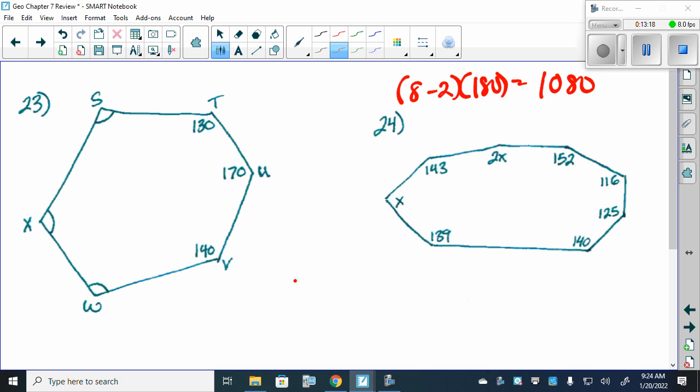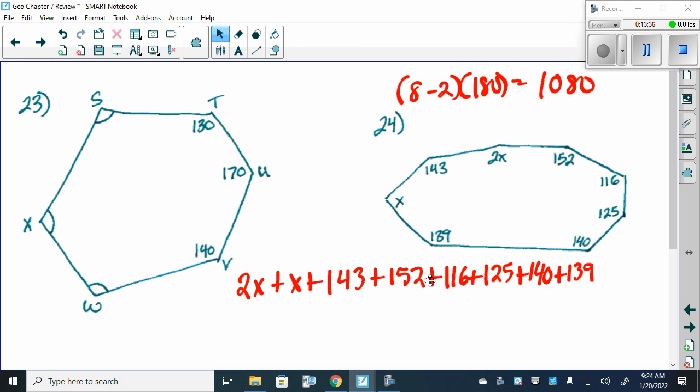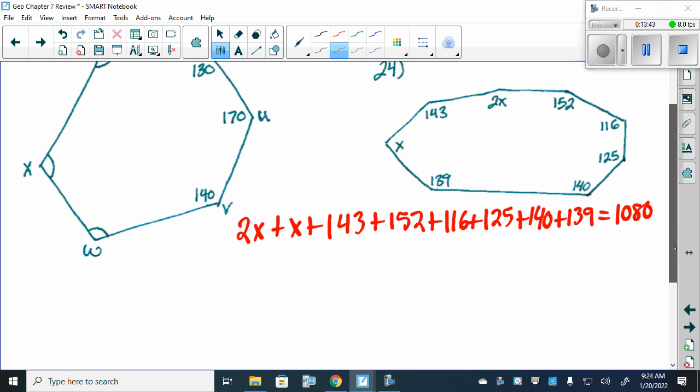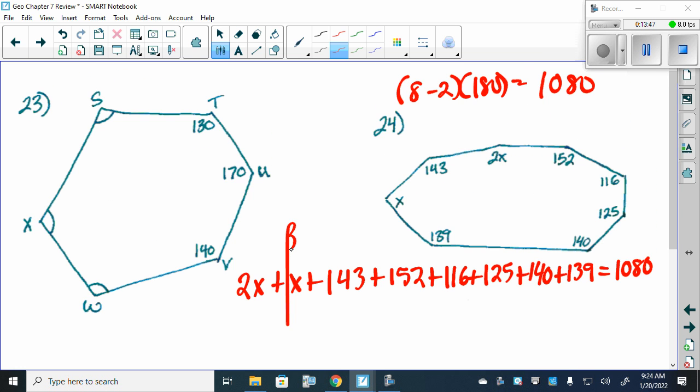So, 2x plus x plus 143 plus 152 plus 116 plus 125 plus 140 plus 139, all this here is equal to 1080.